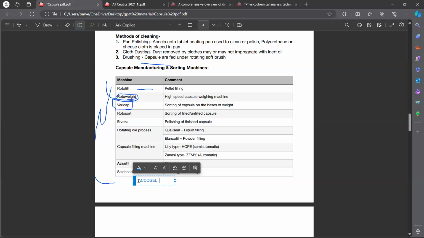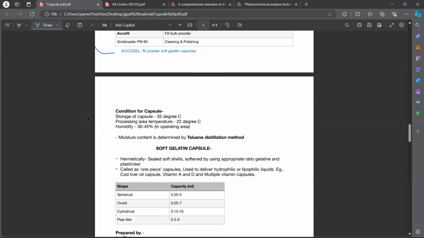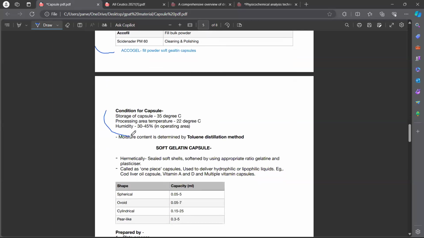These equipment names and their functions are very important, guys, because every year there can be a possible question from this portion also. Next, this is another important condition. Generally, the capsules are stored at 35 degrees Celsius.